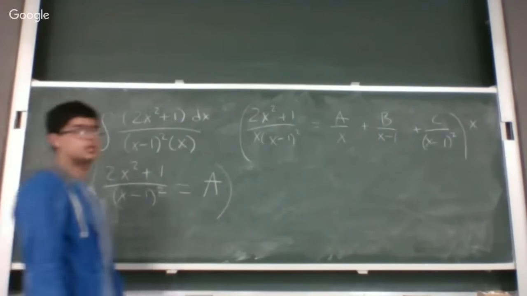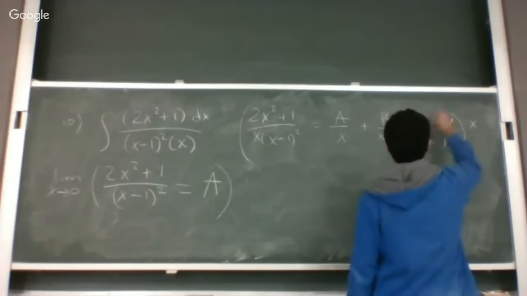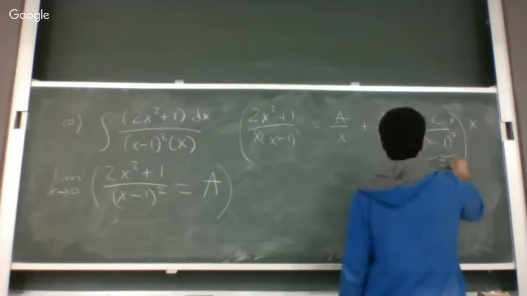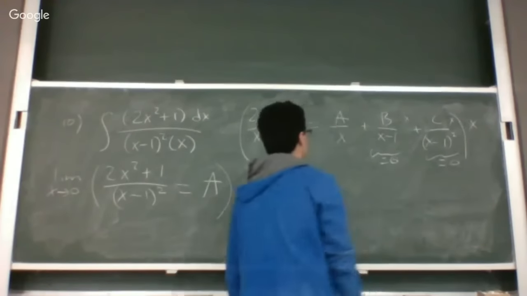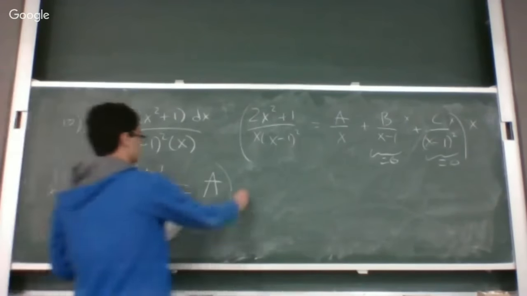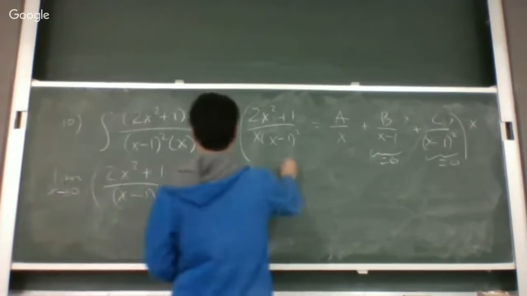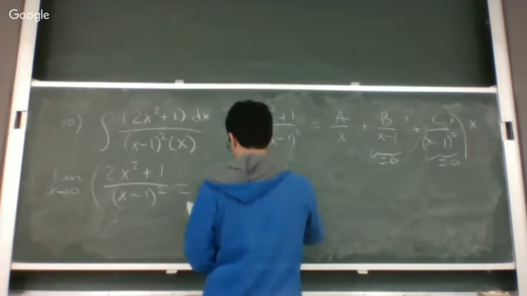You guys all see that? Because if we have b times x, c times x, the whole thing goes to 0 if we approach the limit as x approaches 0. Good? So a is equal to 1 over negative 1 squared, which is equal to 1.